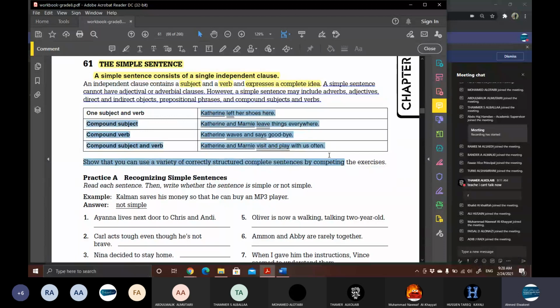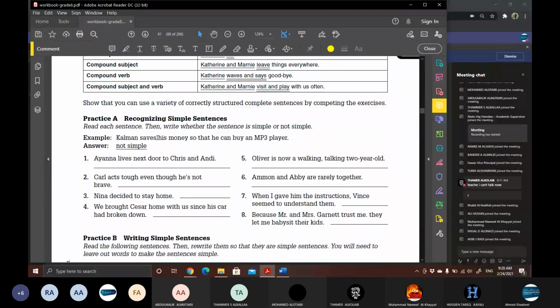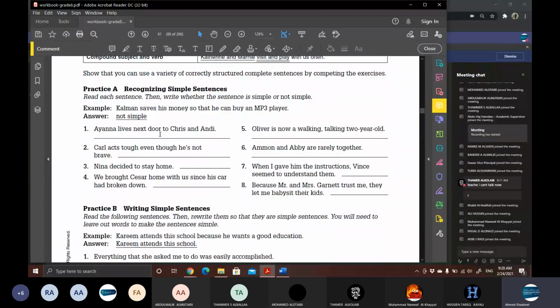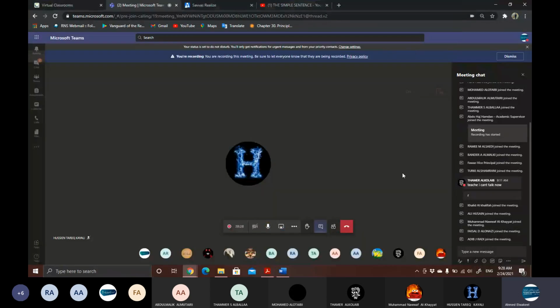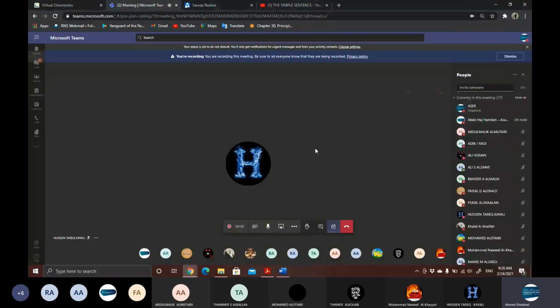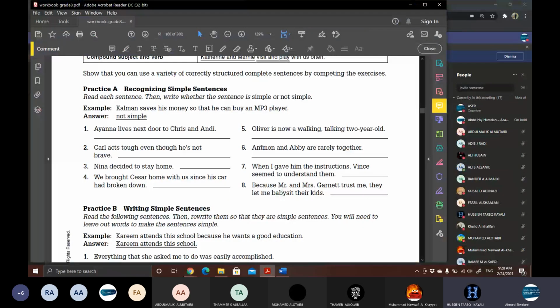All of these sentences are still simple ones. Any questions so far? You ready? Any question before we start solving?